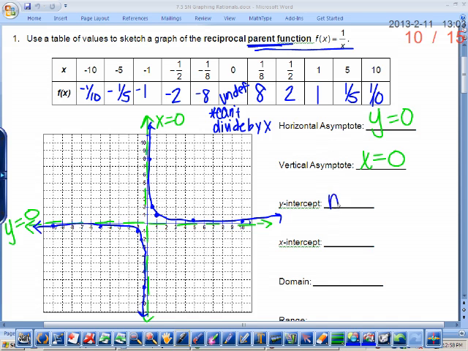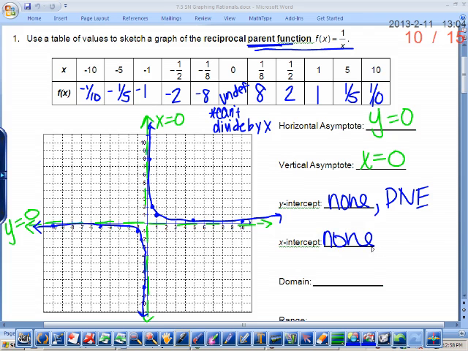So you can either write none, or you can write DNE for does not exist. You cannot, however, just leave it blank, because in that case, I don't know that you actively knew there wasn't one. It looks like you could have just skipped it. Okay, so don't leave it blank. You need to write none or does not exist. Okay, is there an x-intercept? No, so we're going to write none.